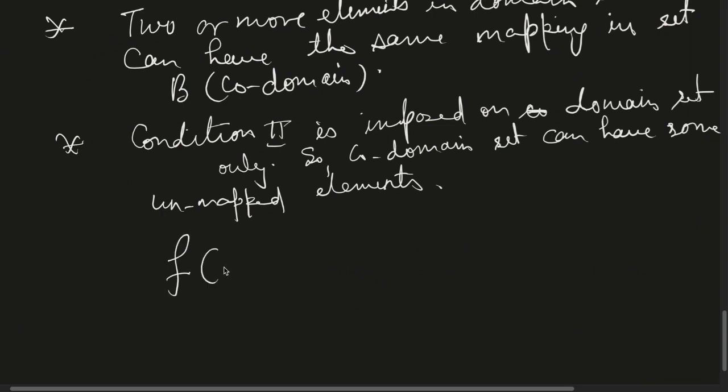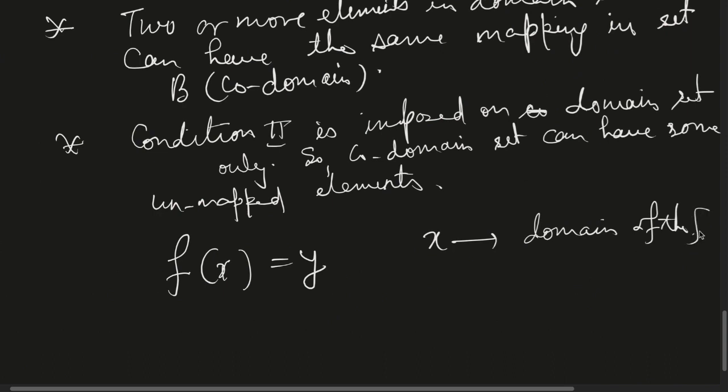You would have studied f of x equals y. This is called a function of x and this is y. Here x is actually the domain of the function, and y is a subset of the codomain.